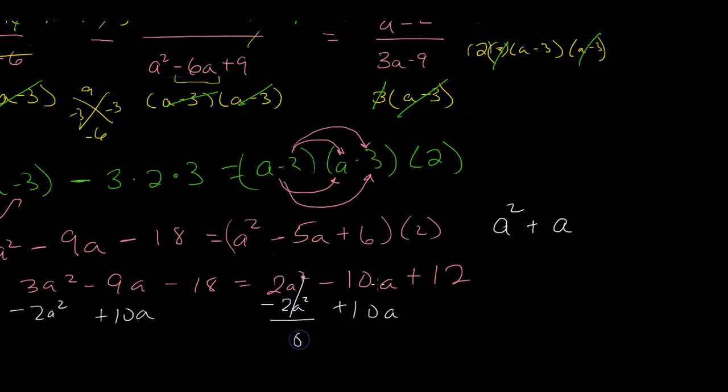Those cancel to 0. Those cancel to 0. And now let's subtract 18 from both sides. I'm sorry, subtract 12. We're going to subtract 12 from both sides. Minus 12. Those cancel to 0. Negative 18 minus 12. If you owe me $18 and you borrow 12 more, now you owe me $30. And I like payment in full.